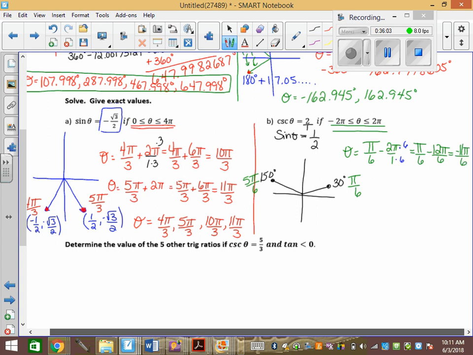And then this one's going to be 5 pi over 6 minus 12 pi over 6, as a common denominator, which is negative 7 pi over 6. So theta equals negative 11 pi over 6, negative 7 pi over 6, pi over 6, 5 pi over 6.